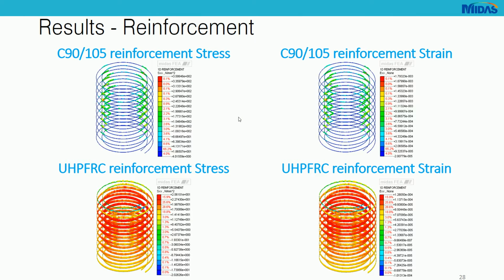When we look at the ultra high performance fibre-reinforced concrete, we can see that the stress distribution in the reinforcement is much more even. We can see that most of the reinforcement works at the same stress level. So we can conclude from this that the fibers work much better in the model.